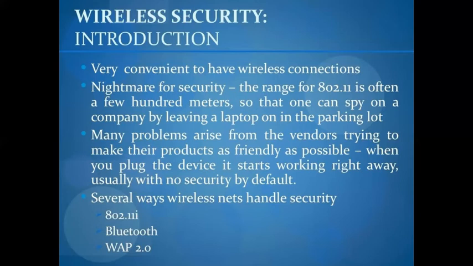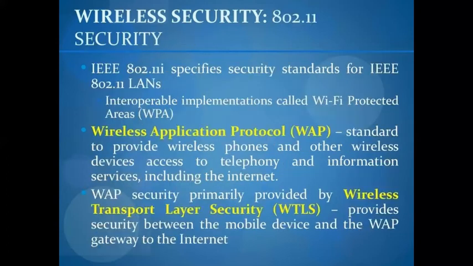Many problems arise from vendors trying to make products as friendly as possible. When you plug in a device, it starts working right away, usually with no security or default settings. There are several ways of handling wireless, like 802.11i, Bluetooth, and Web 2.0. Now consider 802.11 security.